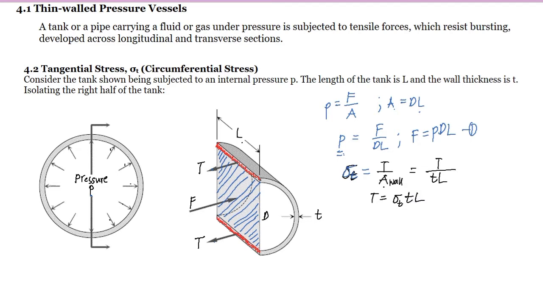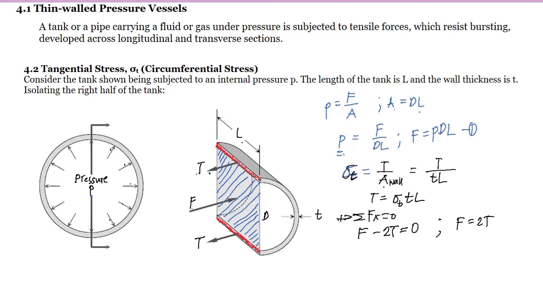Now, if we are going to summate forces horizontal is equal to 0, taking the direction to the right as positive, we can see here that we have the force F directed to the right. The tensile forces acting in the wall is directed to the left, and dalawa sila. So we have negative 2T is equal to 0. So from here, we could say that F is just equal to 2T.